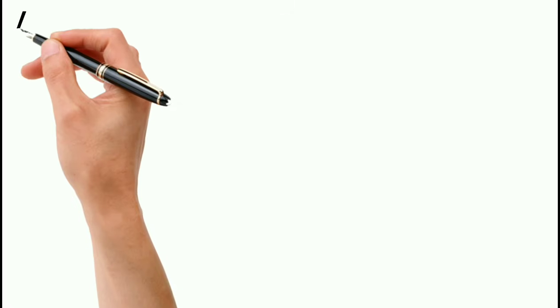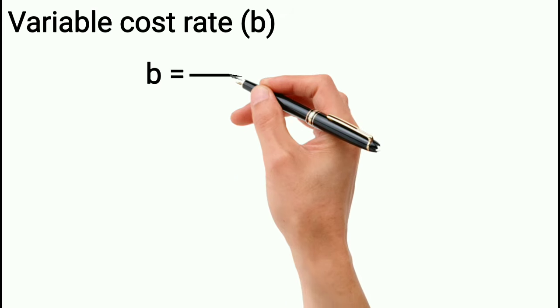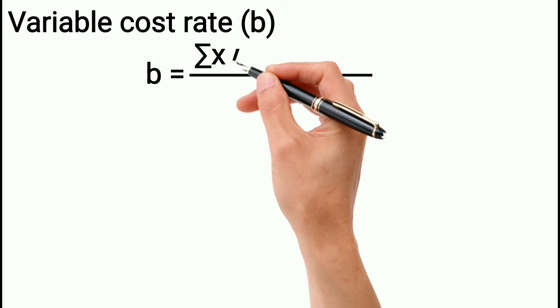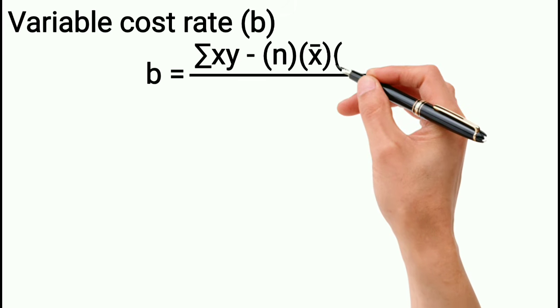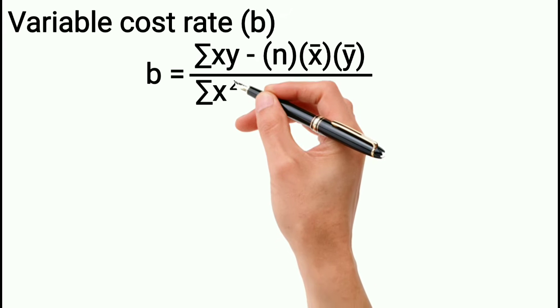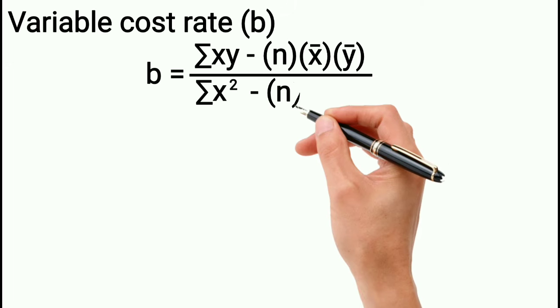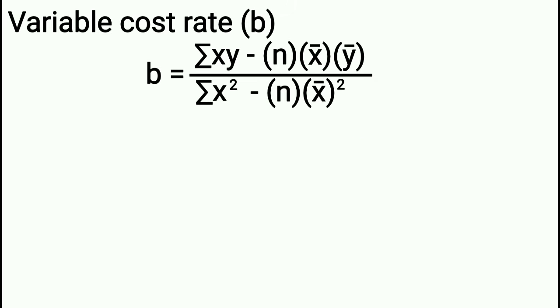At this point, pwede na nating makompute yung variable cost rate or B. Ang formula ay B is equal to summation of xy minus n times x bar times y bar over summation of x raised to the power of 2 minus n times x bar raised to the power of 2.